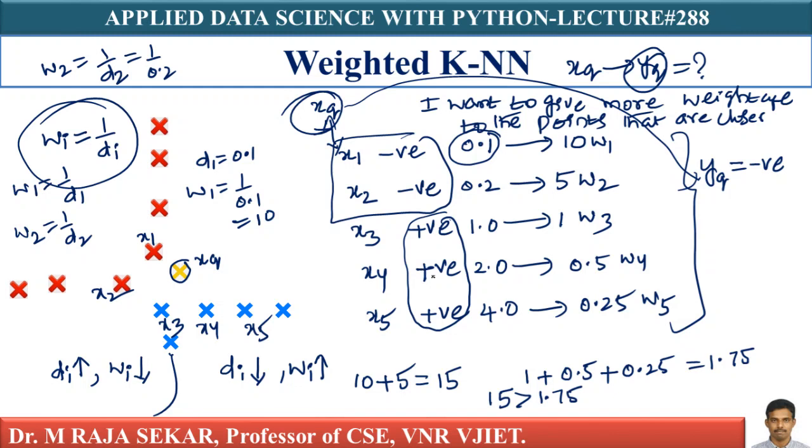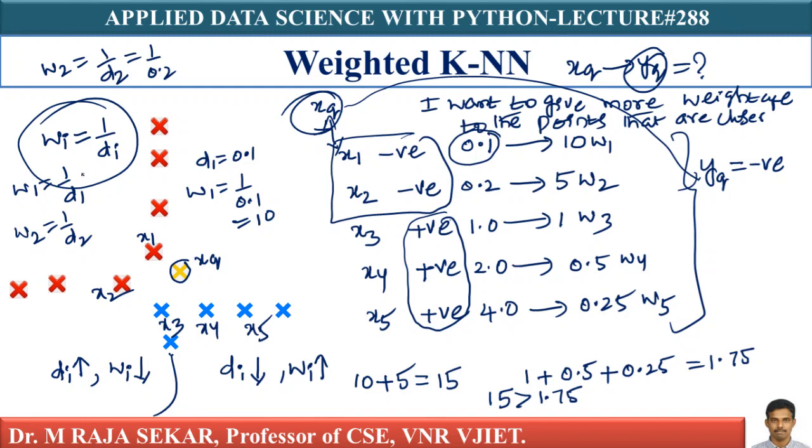But if I am using weighted KNN, where I am giving weight inversely proportional to the distance, because my weight is 1 by distance, that's what it says, Wi equal to 1 by di. If I use this formula, weight equal to 1 by distance, there are many formulas, but this is the simplest formula.